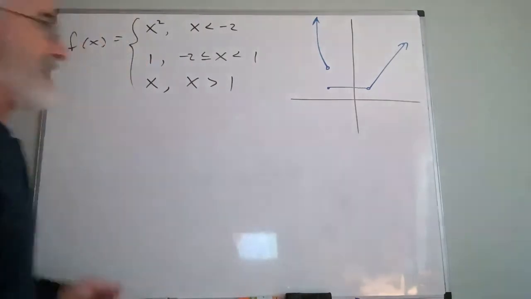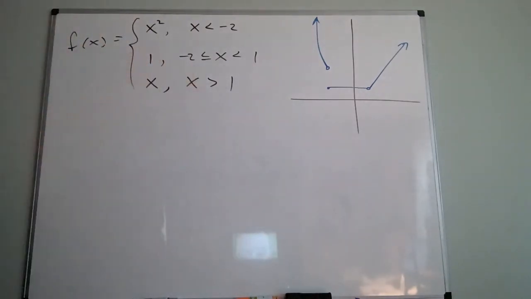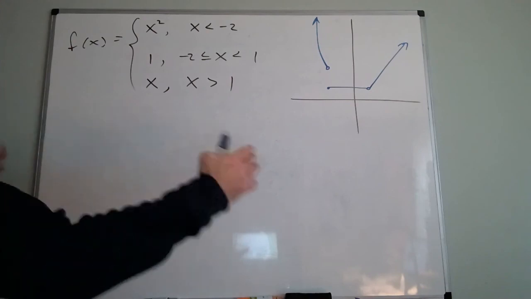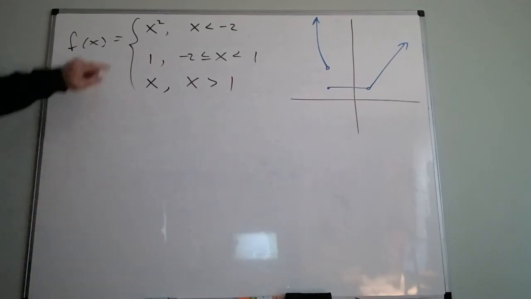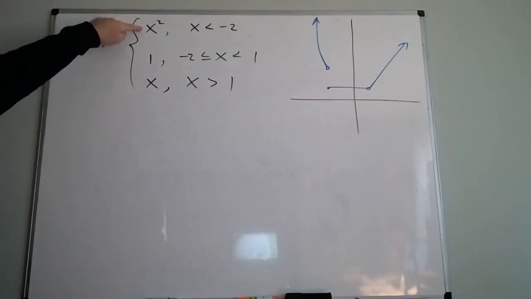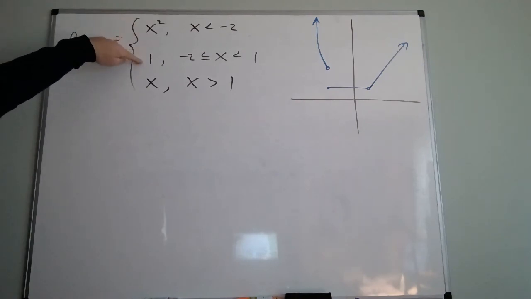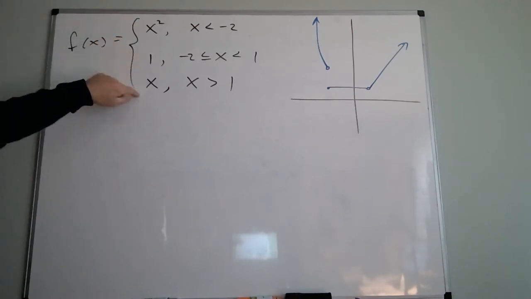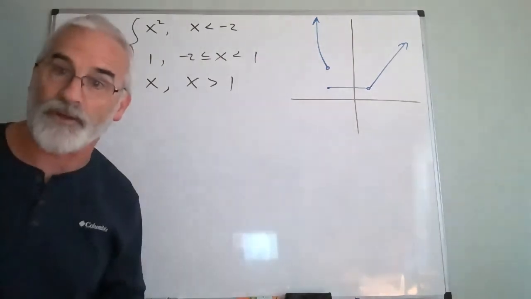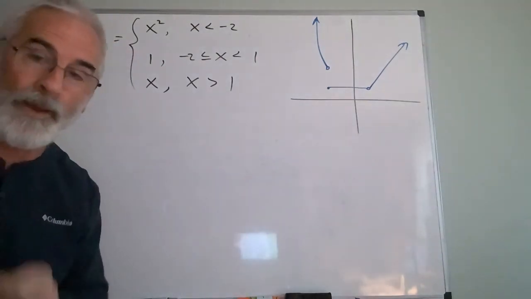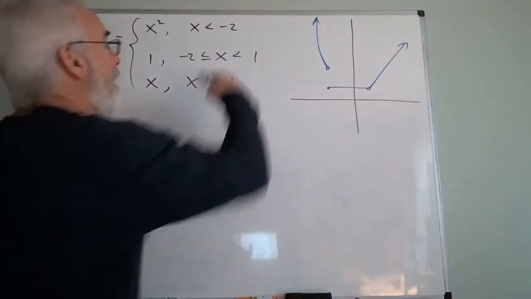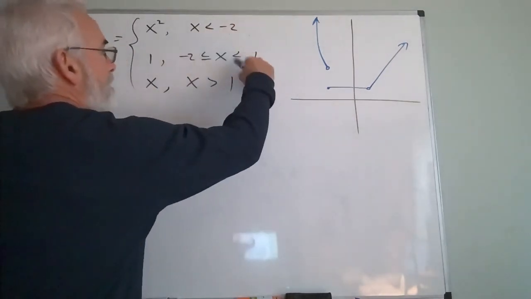Now, in general, do I have to go through all the real numbers I can think of and see if it's continuous? Let's face it, y equals x squared is continuous everywhere it's defined. y equals 1 is continuous everywhere it's defined. y equals x is continuous. These are nice, happy things. Nothing weird's going on. The only place that something weird could go on is where I change definition.